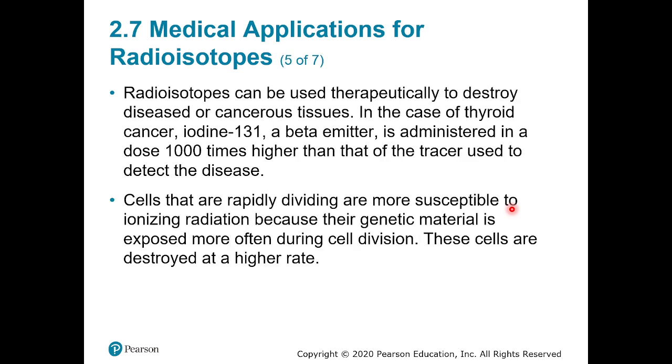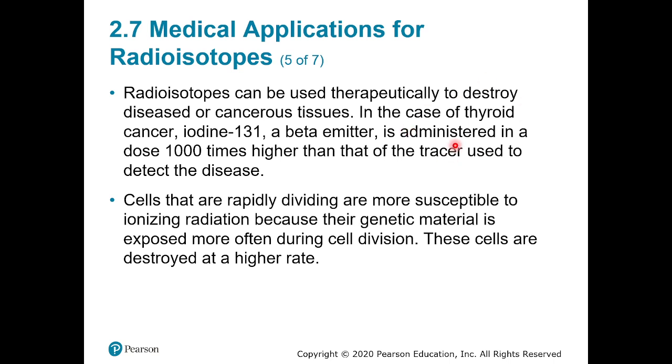And so radioisotopes can also be used therapeutically, typically to destroy diseased or cancerous tissue where we're specifically targeting them, in which case we're actually trying to poison them without poisoning the rest of the human. For example, iodine-131 is a beta emitter.